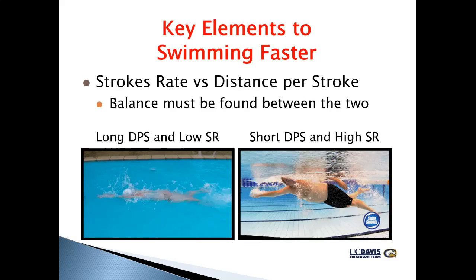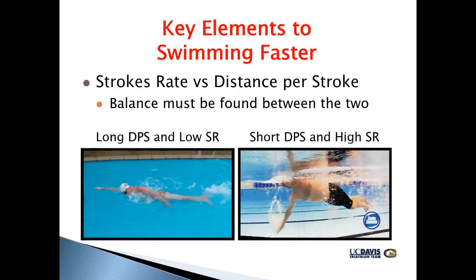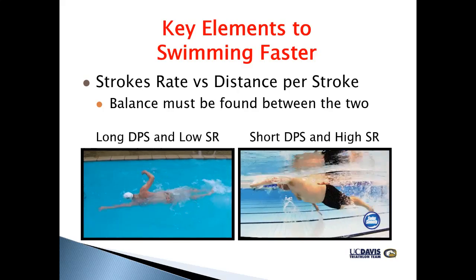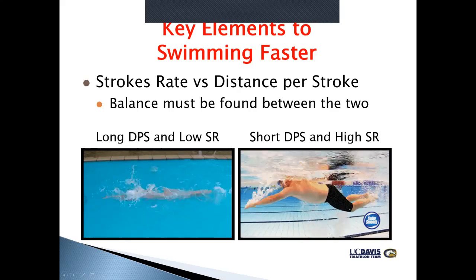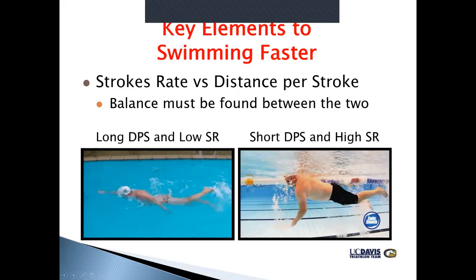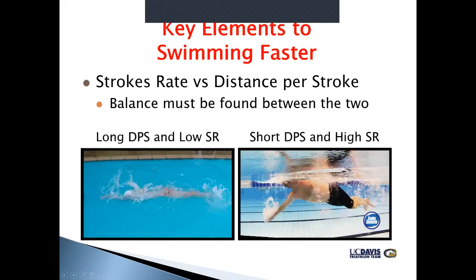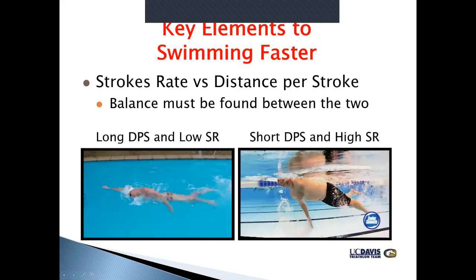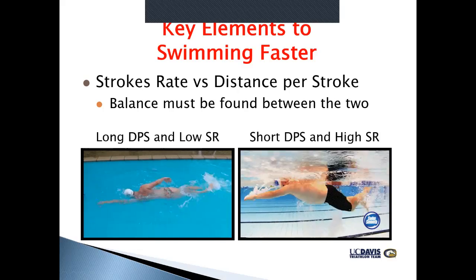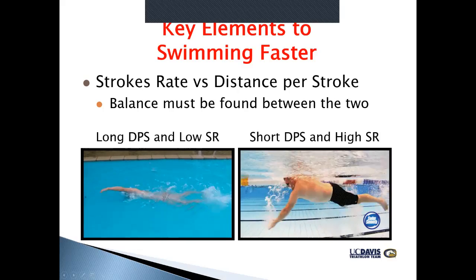Okay, so when we talk about stroke rate and the balance between the two, we can see here the individual on the left really has a very low stroke rate and a high distance per stroke. So the turnover is really slow and methodical, with a long distance per stroke, versus the person on the right.